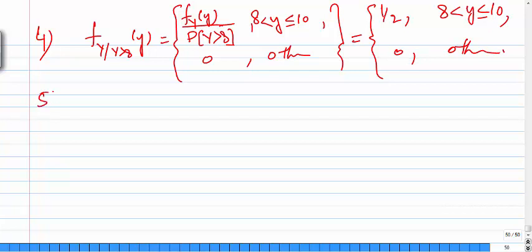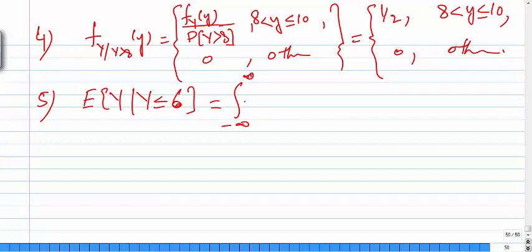Now question number 5. We have to find the expected value of Y given Y is less than or equal to 6. For expected value, I told you it's very simple. Just integrate from minus infinity to infinity y multiplied by the conditional PDF of Y given Y is less than or equal to 6, dy.